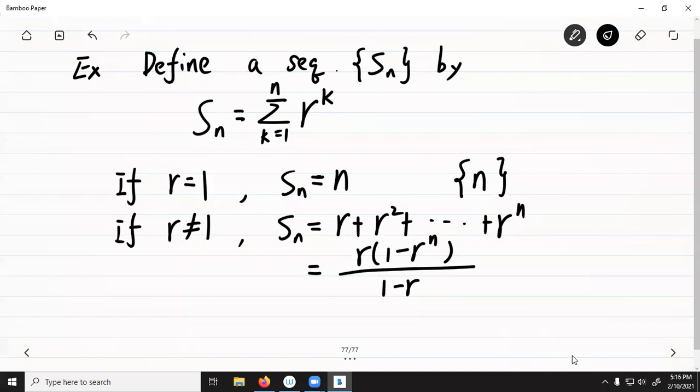So the sequence becomes r times 1 minus r to the n over 1 minus r, in braces. We always use the braces to mean it's a sequence. So you can use this way to define new sequences.